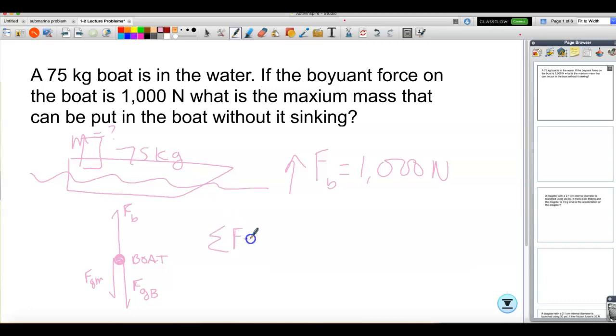Let's label which way on our diagram is positive. We'll go with the standard that up is positive. So the sum of the forces is the buoyant force plus the force of gravity, or the weight, of the boat, plus the force of gravity, or the weight, of whatever mass we put in it.